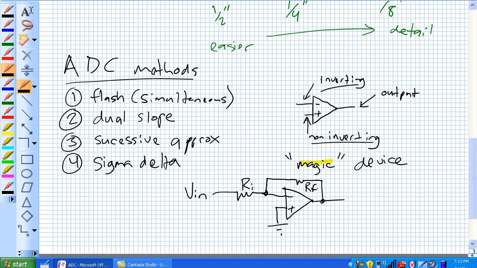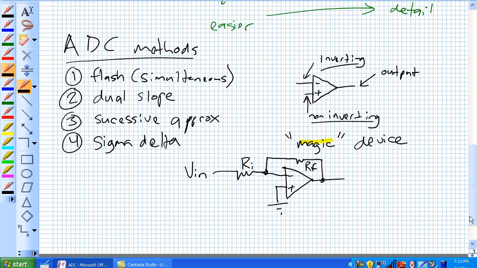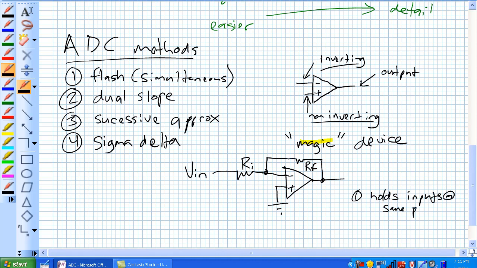RF, that's a feedback resistor. Ri, our input resistor. So, using our first sentence there, it holds inputs at the same potential.